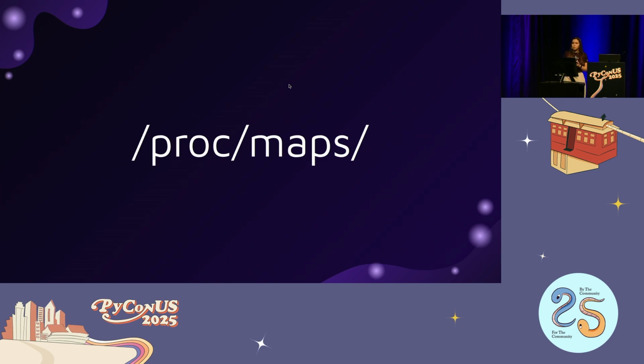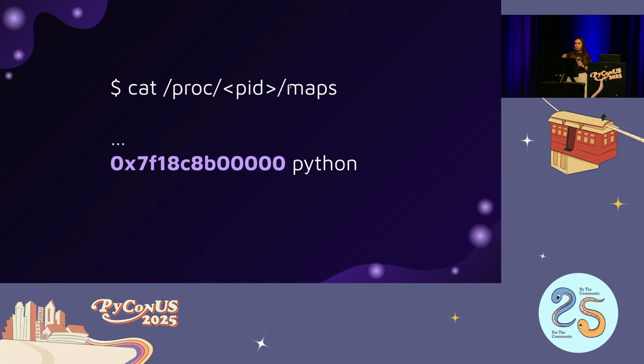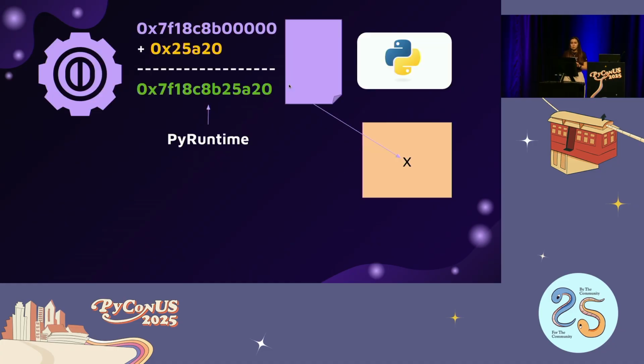We're going to look for the entries of the Python executable or shared object, which show us where the binary is loaded. Here, when we open that file, we see Python, and this address is where our binary is loaded. Once we have this address, we need to do some serious math: we just add the offset, and voila, we have the address of PyRuntime.